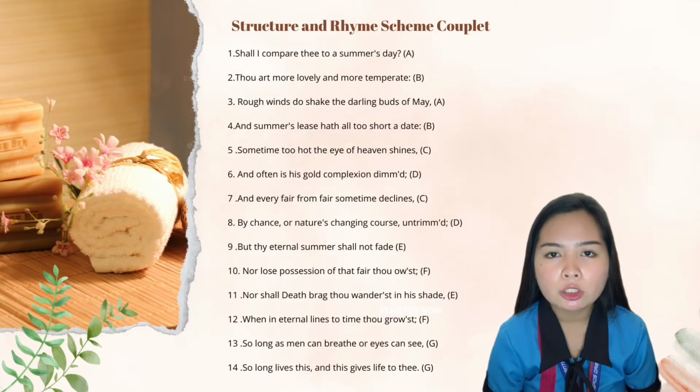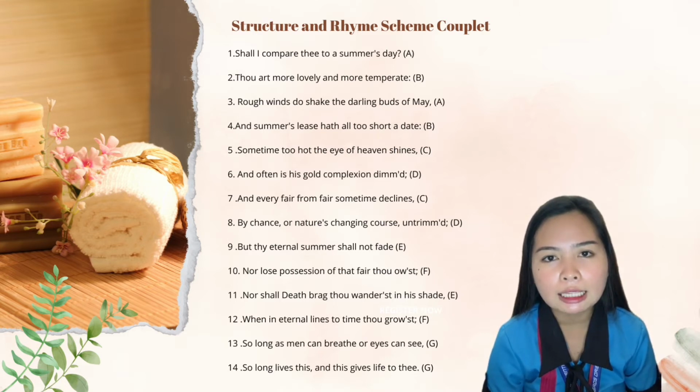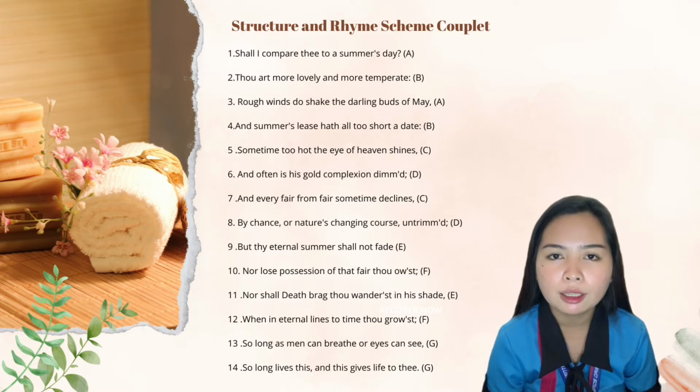Next, the structure and rhyme scheme. The first thing to note about the Shakespearean sonnet is that it is 14 lines divided into 3 quatrains, 3 series of 4 lines, with a rhyming couplet at the end.